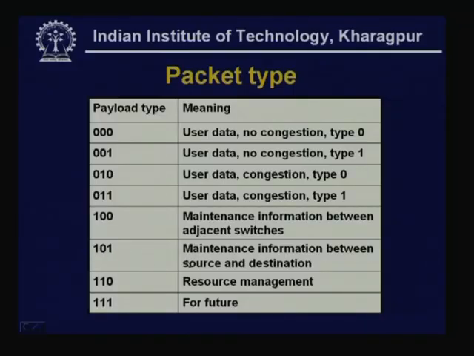On the other hand, this maintenance information can be between source and destination. In that case the payload type is 101, and 110 is used for resource management, and 111 has been left for future.